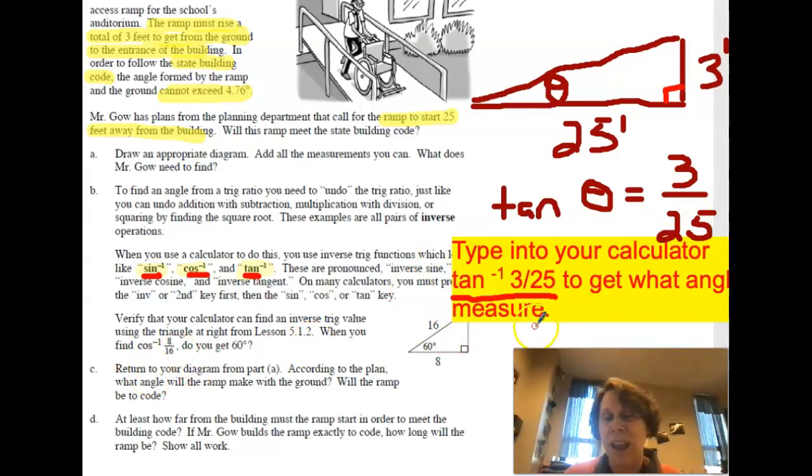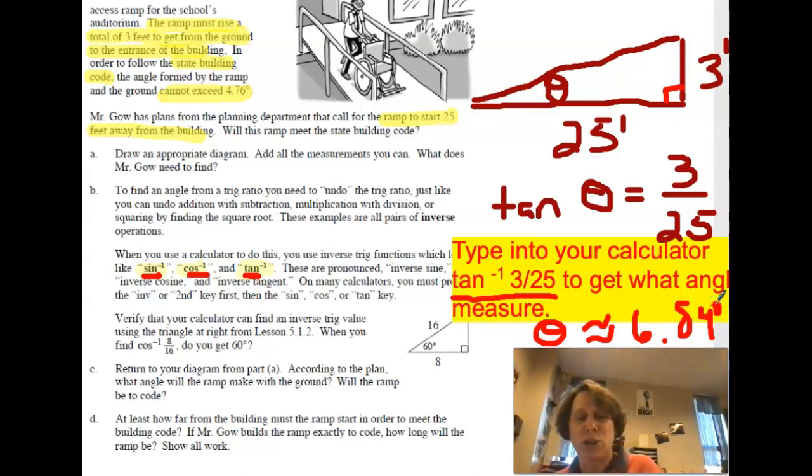And then you would say theta here, from what we got, is about 6.84 degrees. So be thoughtful about how you're showing your work, that you're setting up that initial equation. You can definitely show this intermediate step of tangent inverse of 3/25, or sine inverse or cosine inverse, and that is going to equal, obviously, theta.